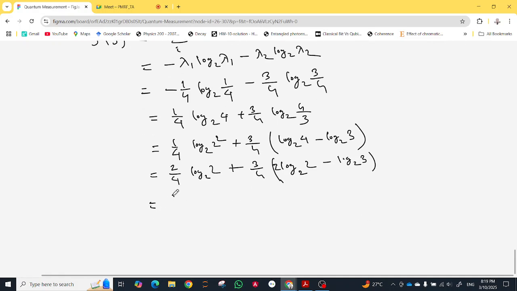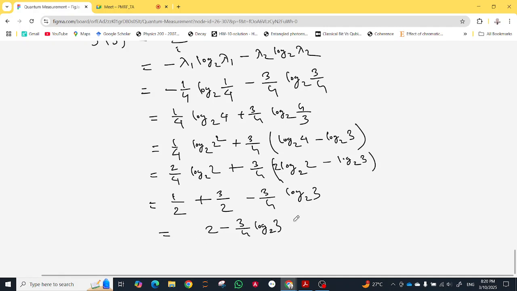So this is nothing but half. Now log base 2 of 2 is 1, so this term gives half, plus this gives 3 by 2, and minus 3 by 4 log base 2 of 3. So this gives you 2 minus 3 by 4 log base 2 of 3.